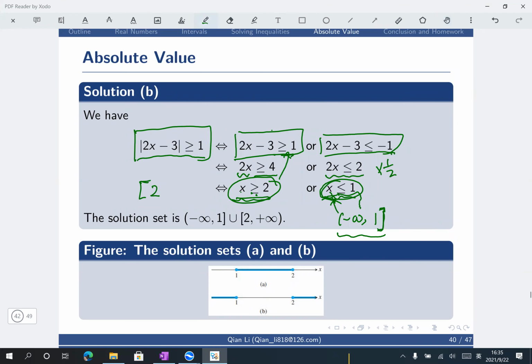So this is a bracket, and all the numbers larger than 2 means from 2 to positive infinity. So this is an interval for this solution. Okay, so this and this are the solutions to the inequality, so we use the union.